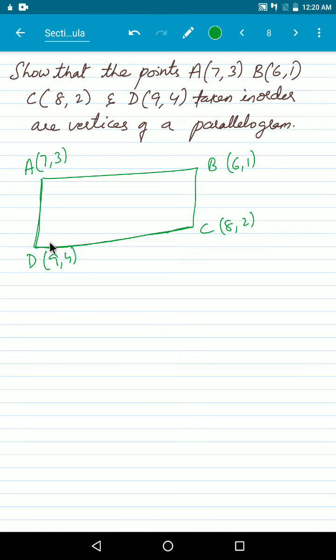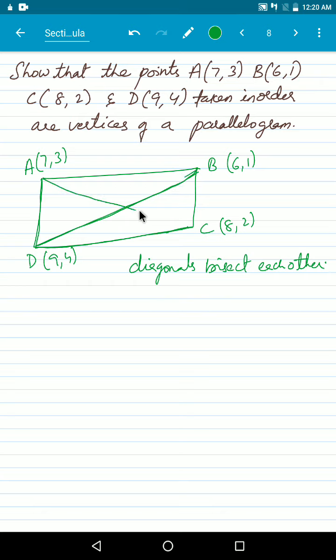Now how can we use the midpoint concept here? See, in a parallelogram, the diagonals bisect each other. Bisect means what? Divide into two equal parts. So this is BD, this is one diagonal, and this is AC.